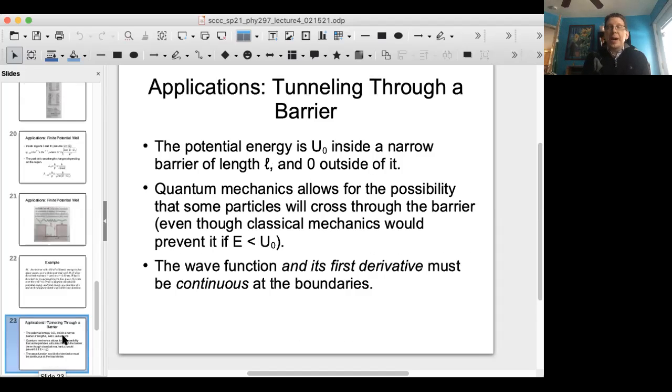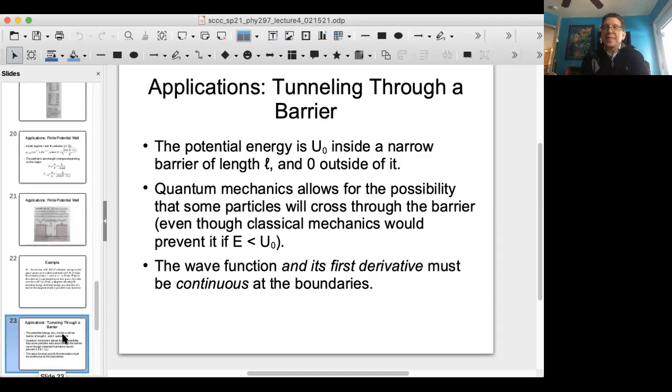And then we talked about barrier penetration, or tunneling. Instead of a particle inside the well, here you have a barrier of width L. The potential energy outside the barrier is zero, and inside the barrier is U naught.